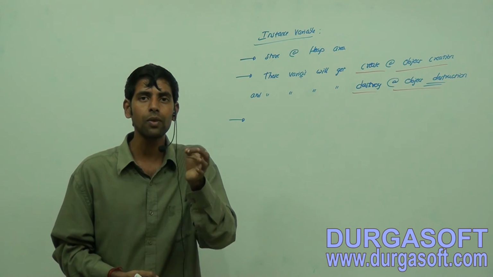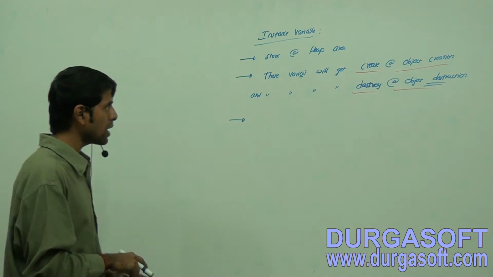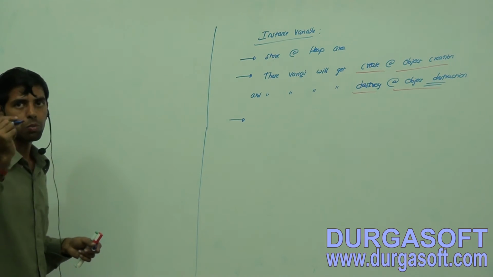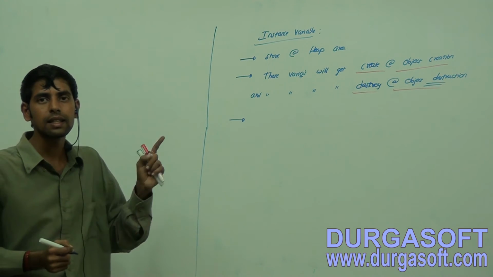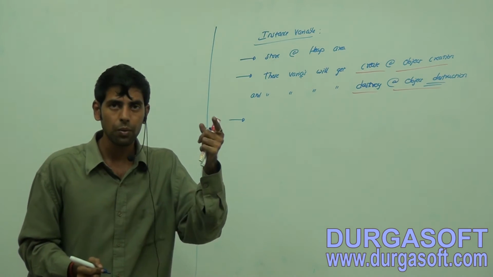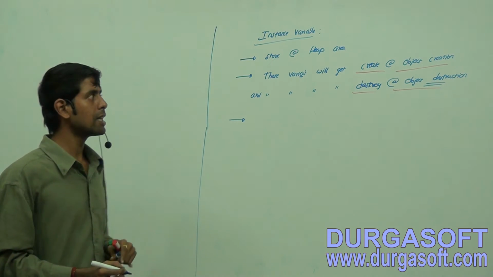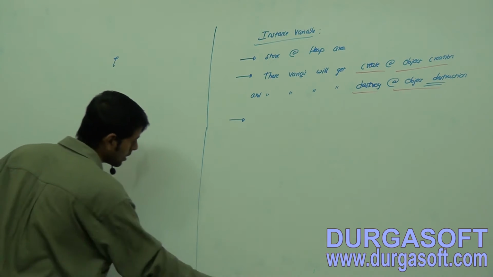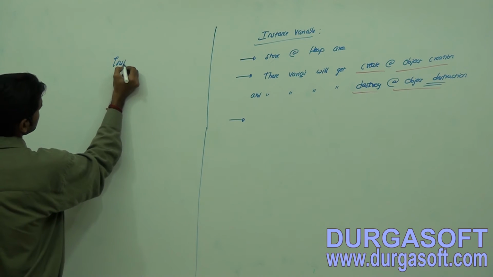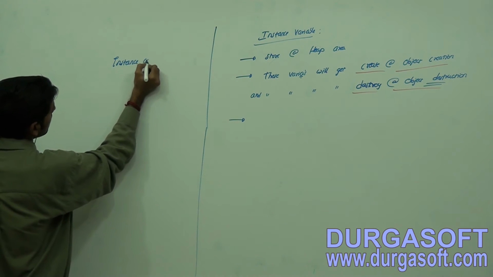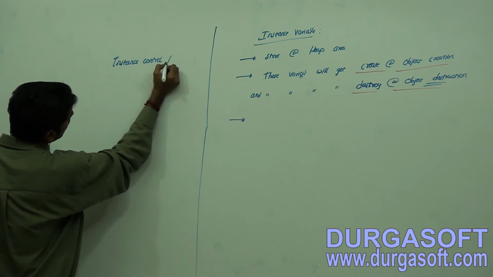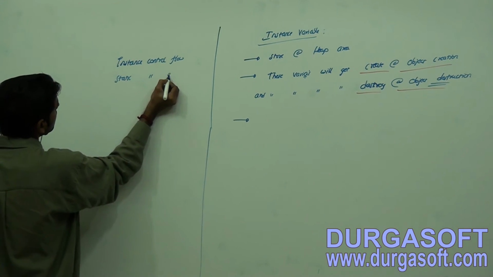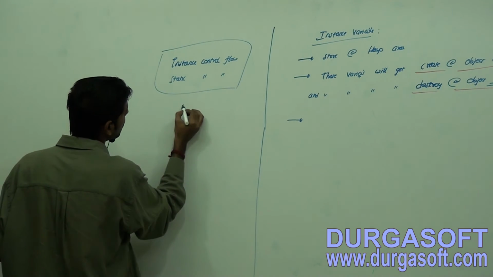If you are not getting this point, I will give a small hint so that you can understand it very simply. Refer to instance control flow, and the other one is static control flow, from the OOP concept.